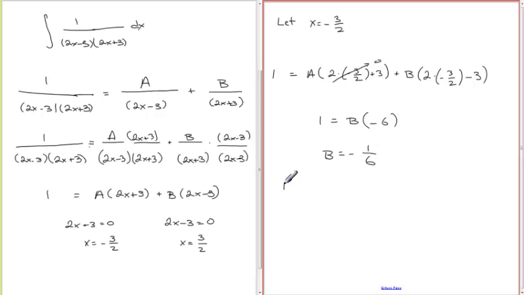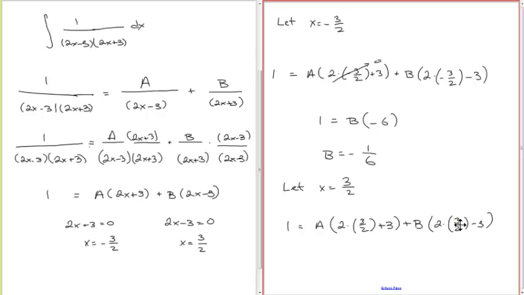Okay, so we do the same thing for the other part. We let x equal 3/2, which is our second choice here. And a similar thing happens: you'll have 1 equals a times (2 times positive 3/2 plus 3) plus b times (2 times positive 3/2 minus 3).